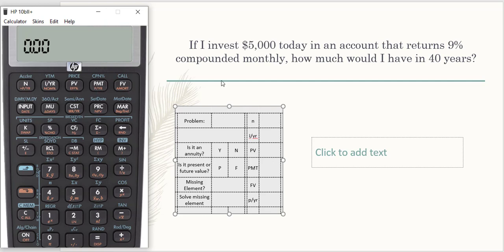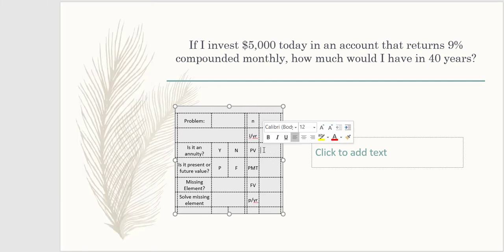So let's go ahead and fill in the information we have. Present value is the starting amount, so we are going to start with $5,000. Then we have a return; it says our return is 9%.